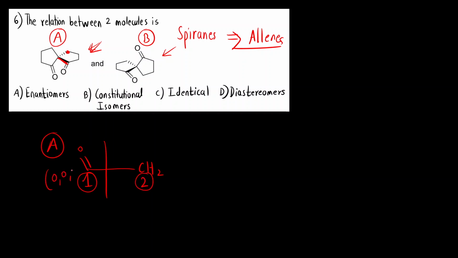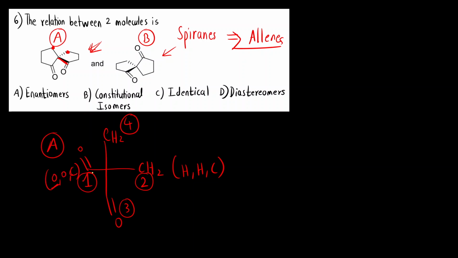Because here the carbon is attached to 2 oxygens and 1 carbon, whereas here it is attached to 2 hydrogens and 1 carbon. Oxygen has a higher atomic number. Above, if we see, there is CH2, below there is C double bond O. So again this will now be 3 and this will be 4.